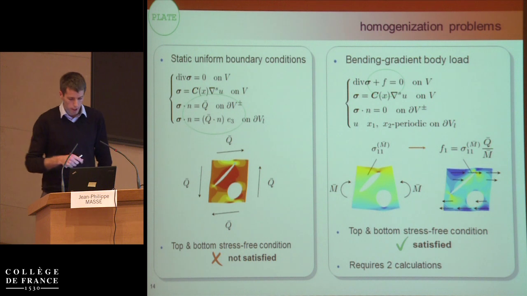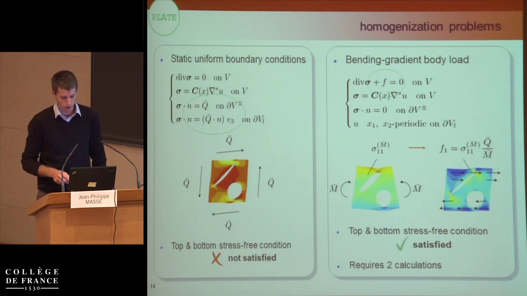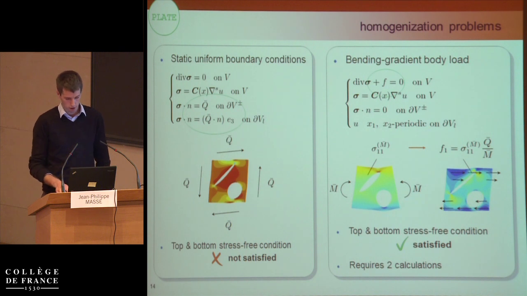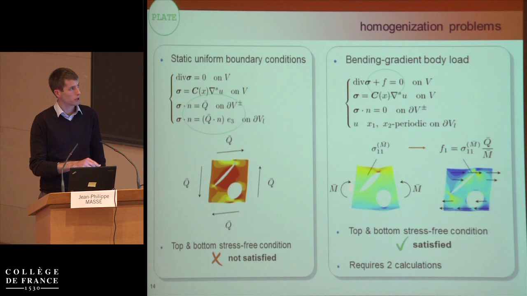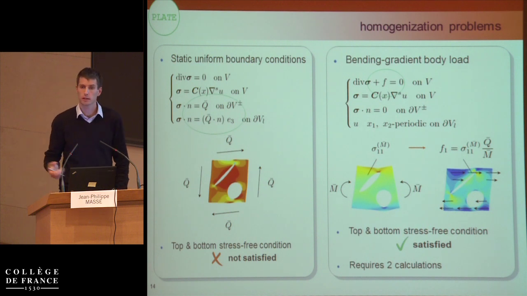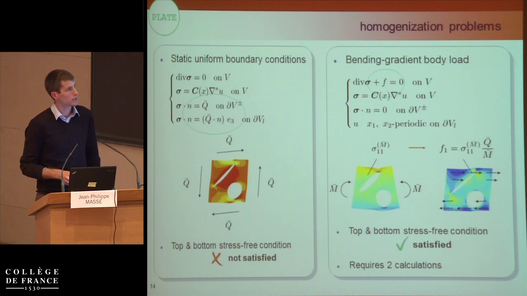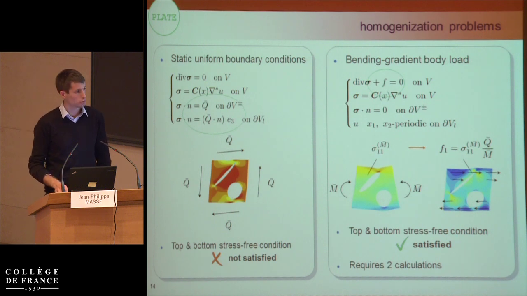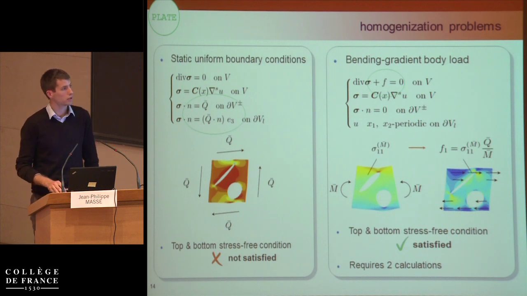So we have a link between the gradient of the moment and the transverse shear. Because we already do this calculation to identify the bending stiffness, we can do this calculation cheaply and compute the transverse shear stiffness.